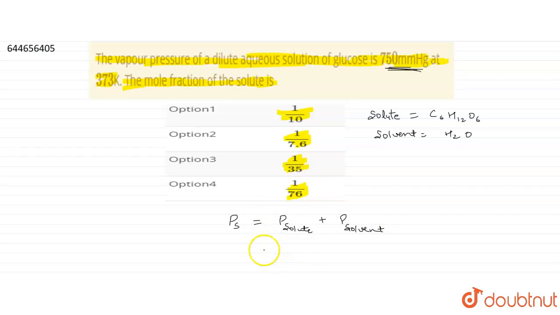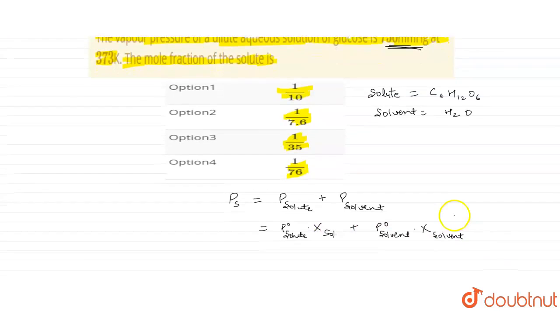And we know from Raoult's law that the partial vapor pressure of the solute will be equal to the vapor pressure of solute in pure state, into mole fraction of solute, plus the partial vapor pressure of solvent, which will be the vapor pressure of solvent in pure state, into mole fraction of solvent. This is the basic Raoult's law formula.